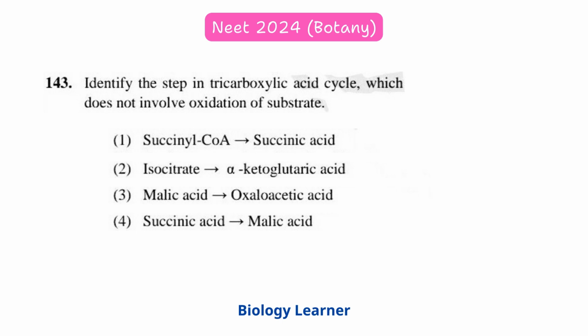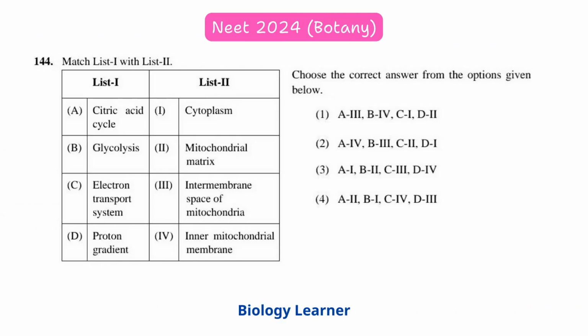Identify the step in tricarboxylic acid cycle, which does not involve oxidation of substrate. Succinyl-CoA to succinic acid. Match list 1 with list 2. The correct answer is option 4.